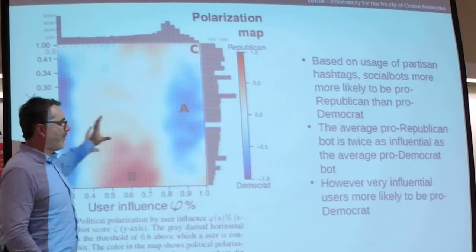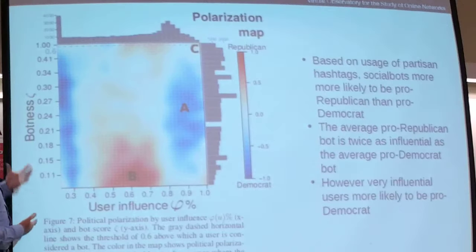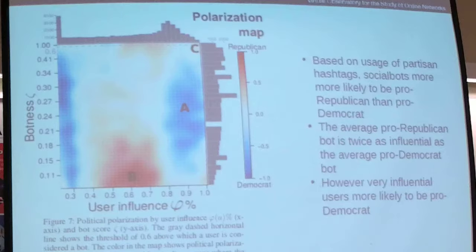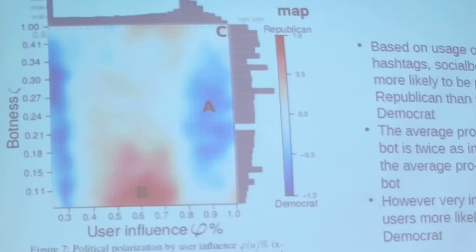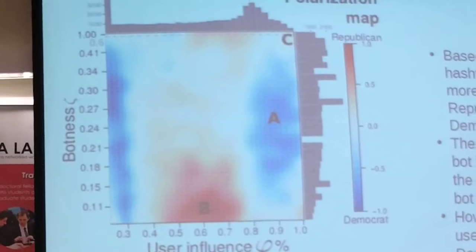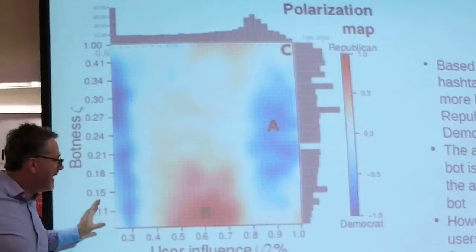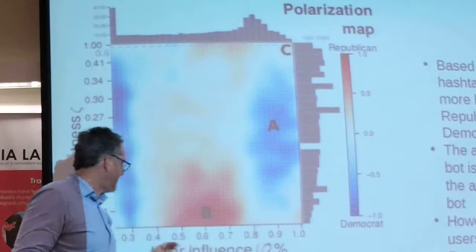However, this is where I'll turn to this diagram. For me, this is a really nice visual. I can say this because I didn't actually create this particular visualization. I'm not patting myself on the back, but I think this is a really nice example of visualization. So what we have here is user influence along this axis.